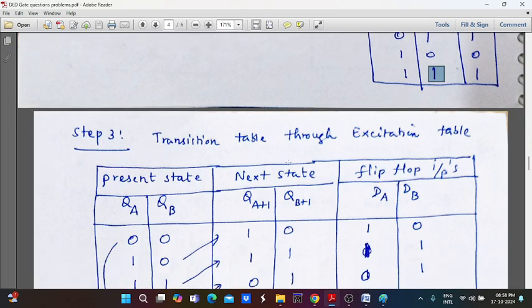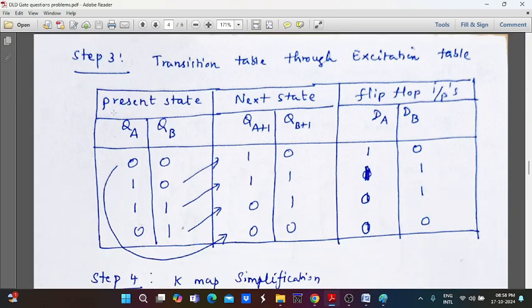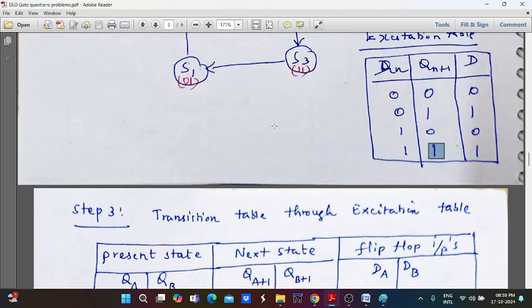From this excitation table, we can make a transition table. Initially, it consists of the present state in the first column, the next state, and the flip-flop inputs as the third column. In this example, only two flip-flops are needed because of the 2 bits.